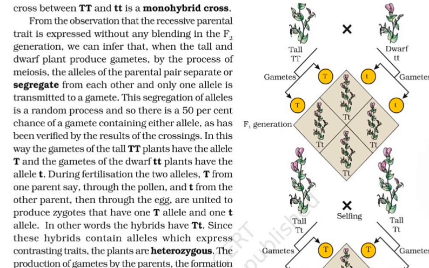The possible gametes are written on two sides, usually the top row and left column. All possible combinations are represented in boxes below, in the squares, which generates a square output form.